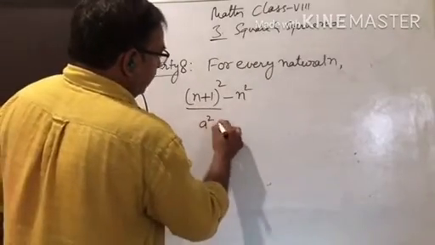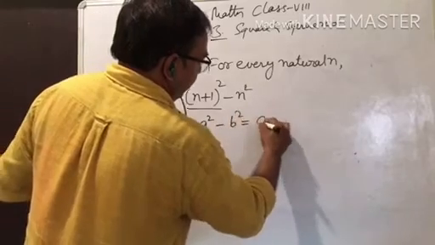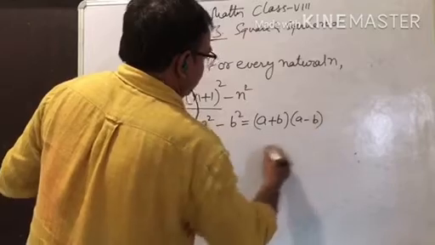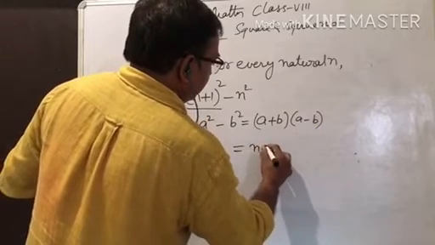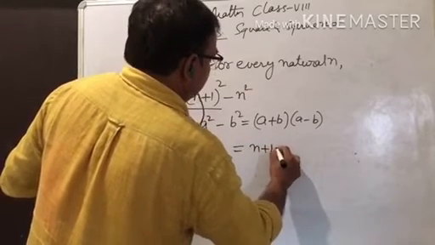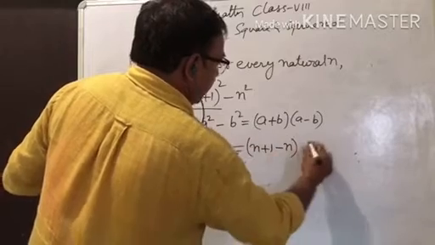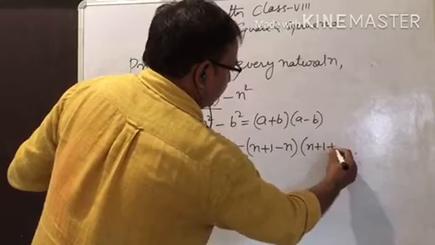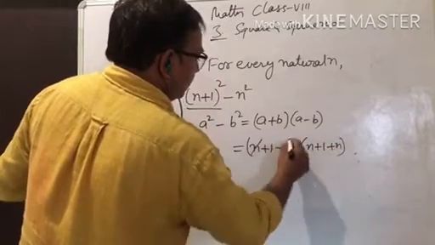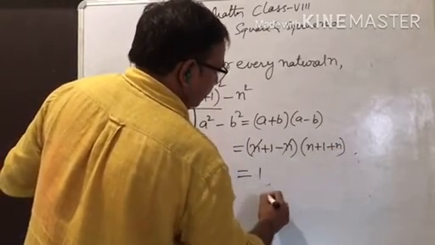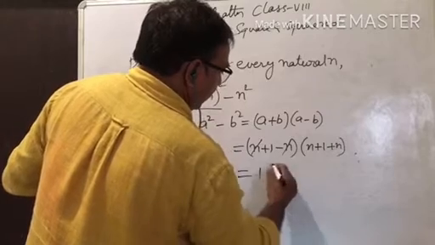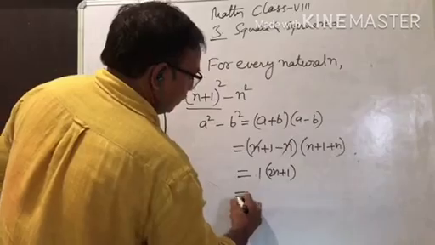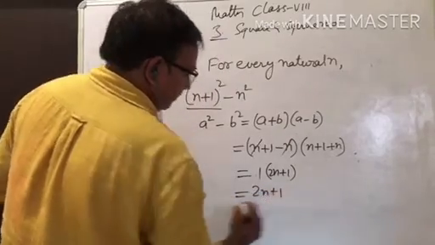This is a square minus b square, which is equal to a plus b and a minus b. So it will be n plus 1 minus n and n plus 1 plus n. So this cancels, now it is 1. So it will be 2n plus 1. So it is 2n plus 1.